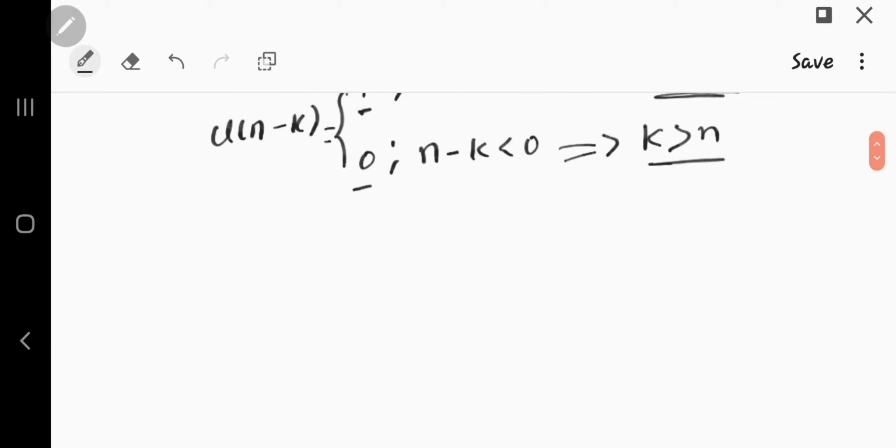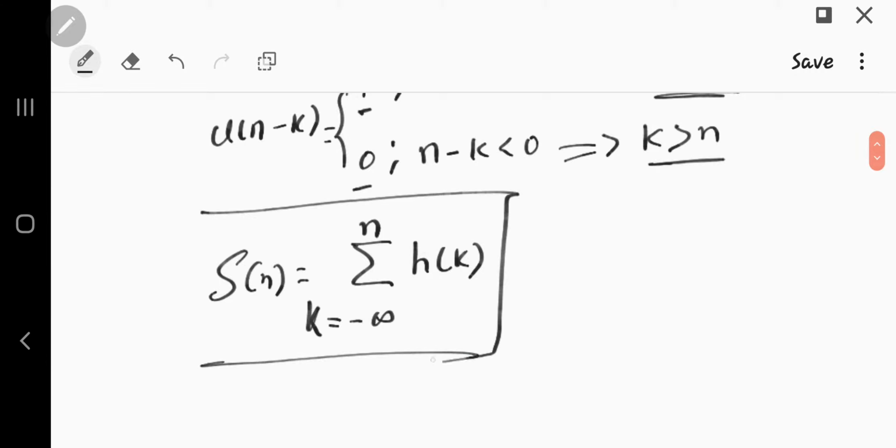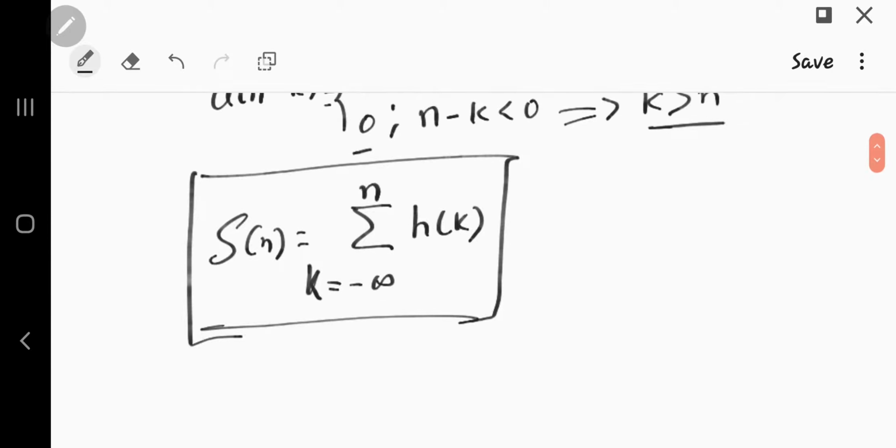So the limit now becomes summation k varying from minus infinity to n of h of k. So this is the expression for step response in a discrete time system.